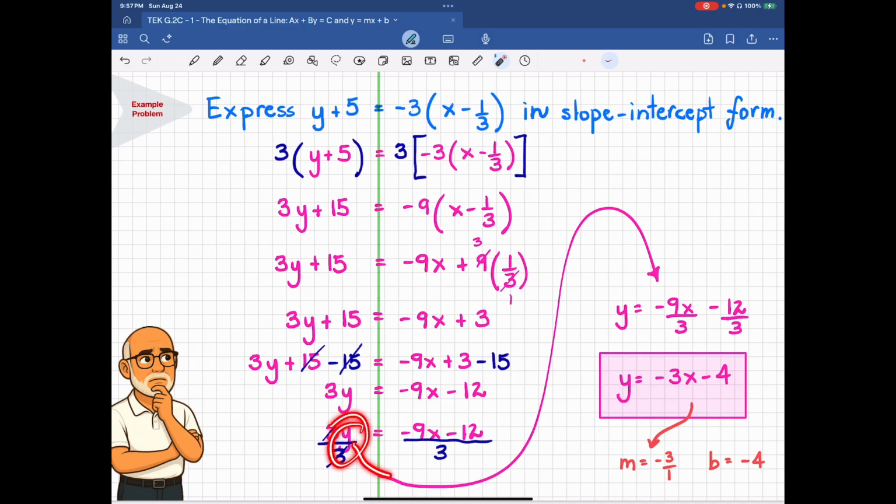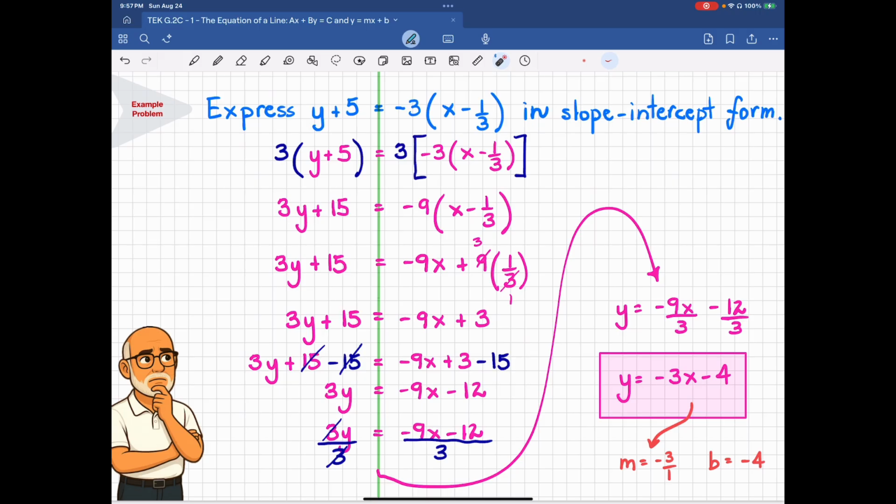I get y is going to be equal to, now, when you're subtracting or adding something in the numerator, and you have a solid denominator like this 3 that's right here, you need to take this 3 and put it under the negative 9x, and you're going to take that 3 and put it under the 12 as well.